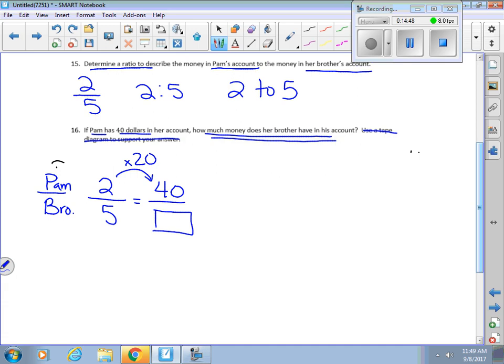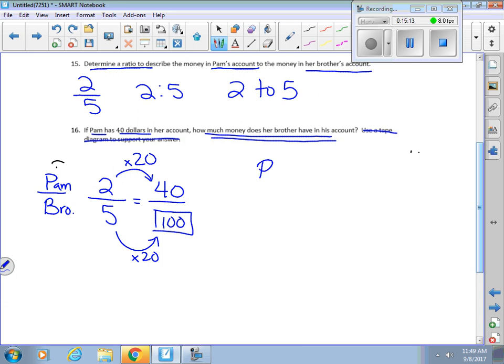Once you figure that out, then you know we are doing the same thing down here. So 5 times 20 is what, Jonathan? 100, very good. So we're not done yet. We have to write that in a sentence. So who can tell me the sentence that says how much money her brother has? Brianna?